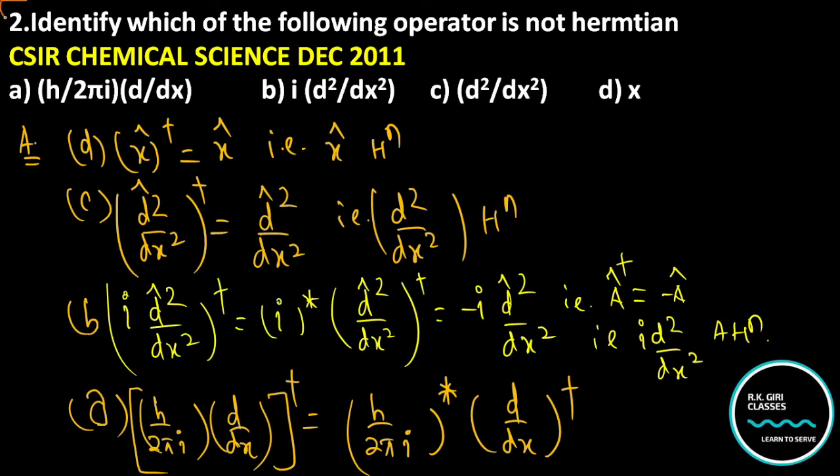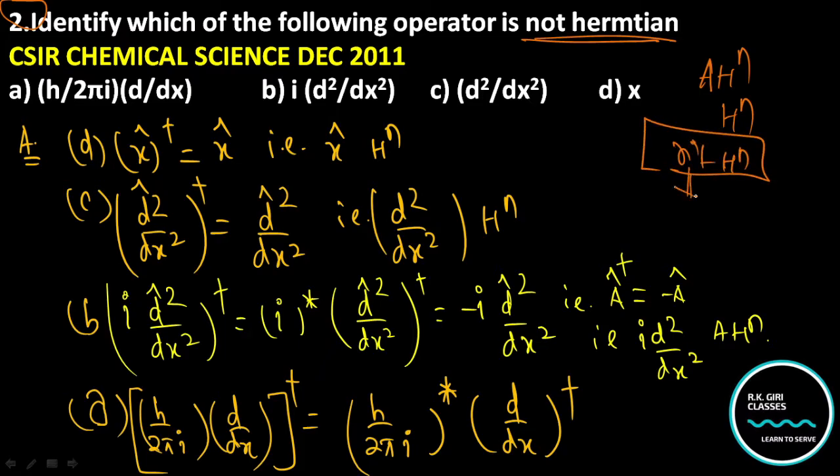Identify which one will be not Hermitian. The question is not anti-Hermitian, the question is not Hermitian, right? Not Hermitian doesn't mean that you will find neither Hermitian nor anti-Hermitian, right? So you will find among the options which will be not Hermitian.